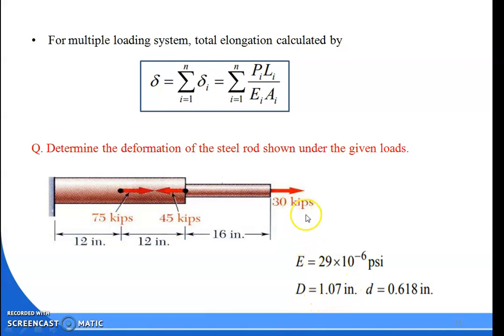The loads are given in kips, a unit of force, where 1 kip equals 1000 pound force, written as lb.